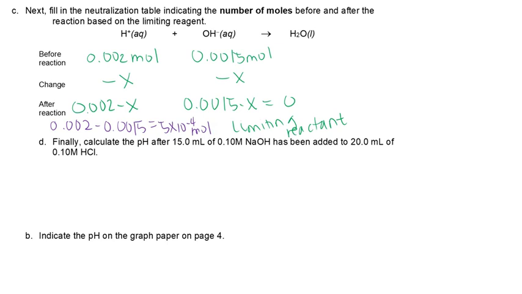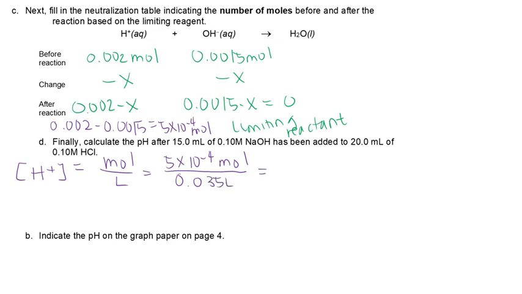So now we can calculate the final pH of the solution once we've mixed both of these reactants together. And so H+ is going to be moles over liter. So we calculated that H+ is 5 times 10 to the negative 4 moles. If we add up the volume, so we had 15 milliliters of NaOH and we had 20 milliliters of HCl, our final volume is 35 milliliters or 0.035 liters.